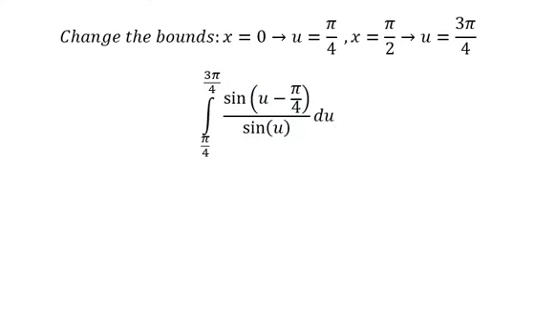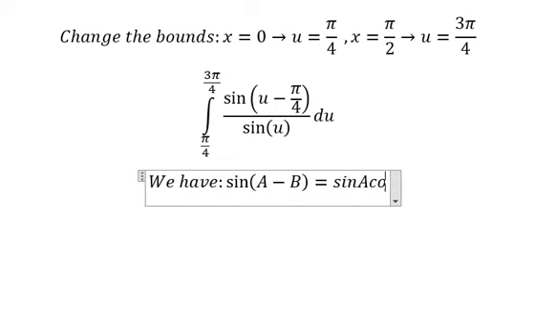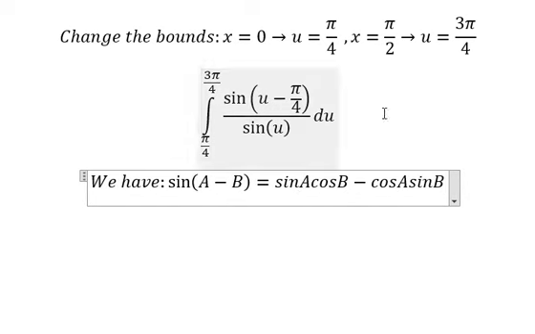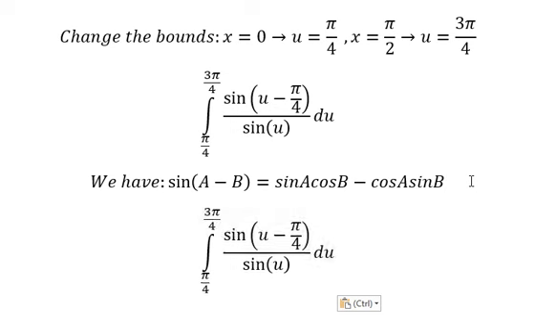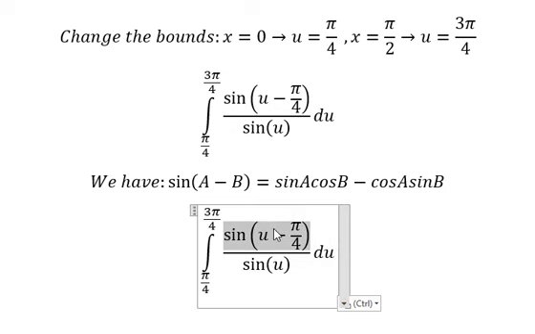Next, we have the formula in here: sine of a minus b equals sine a cosine b minus cosine a sine b. Now, we need to transform this one into this one, and we have like this.